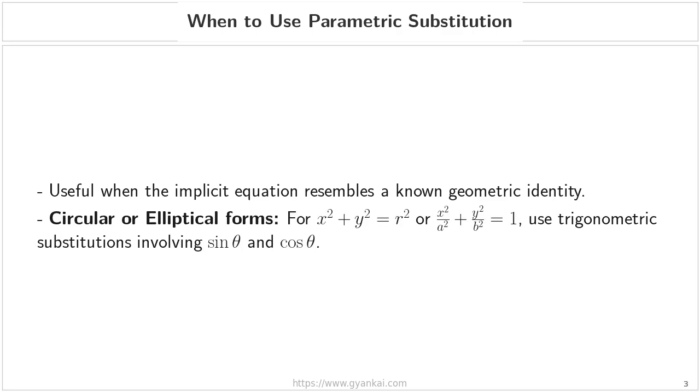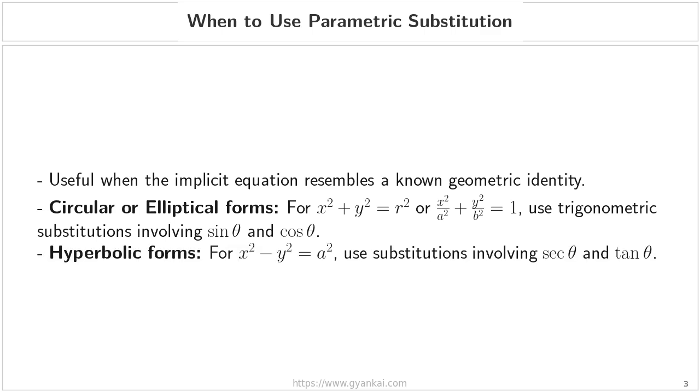First, let's consider circular or elliptical forms. If you encounter an equation such as x squared plus y squared equals r squared, or a more general elliptical form where x squared over a squared plus y squared over b squared equals 1, you should utilize trigonometric substitutions. Specifically, we use sine theta and cosine theta, as these functions naturally satisfy the fundamental trigonometric identity.